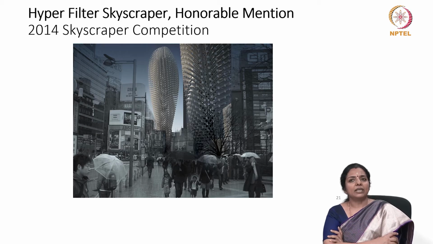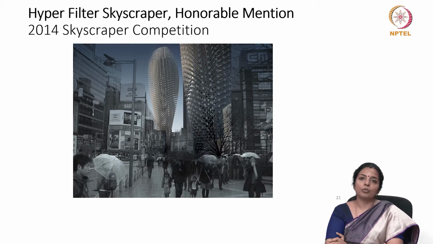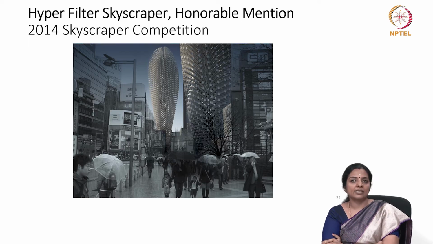So the hyperfilter skyscraper recognizes not only the temperature aspect, or not only the daylighting aspect, but it looks at environmental pollution, indoor environmental quality, and environmental pollution as a threat to mankind. Under today's levels of pollution, you know that all the cities are extremely polluted, fogged, smogged, etc.